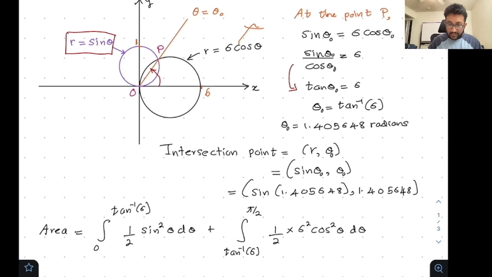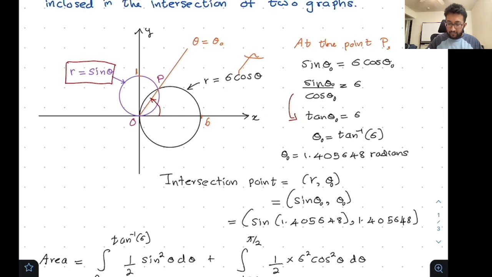Okay, so that's what I'm going to do next, right? So this is my point of intersection (r, theta naught), but I know that at theta equals theta naught, r is going to be equal to sine theta naught, right? And this is theta naught, right? So this would be the coordinate of your point P in polar form. This value would give you the r, and this is the angle in radians, right?